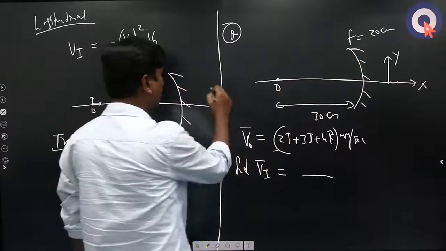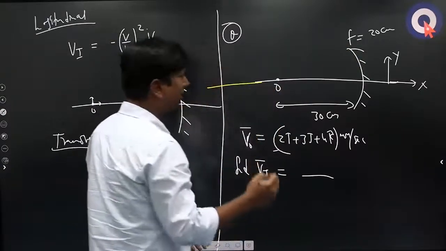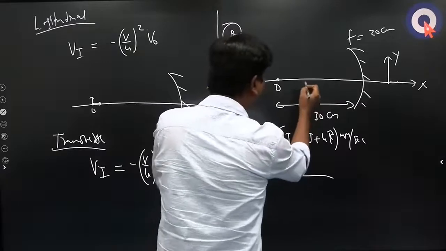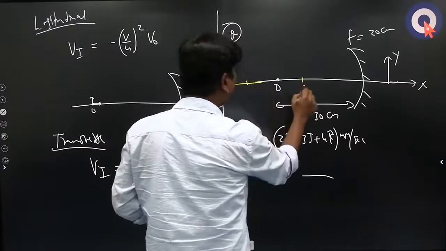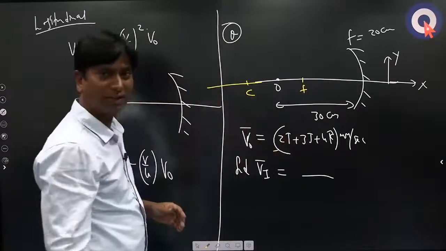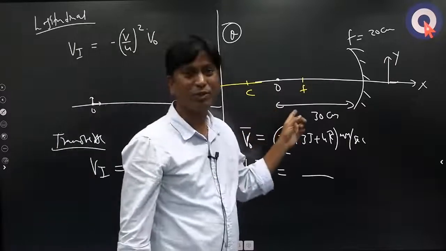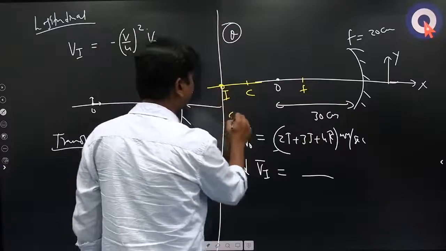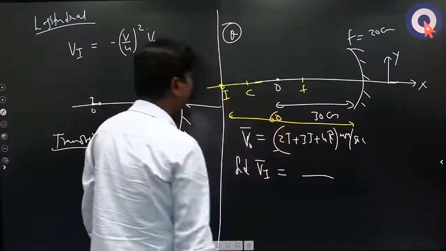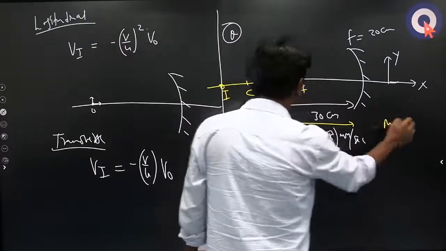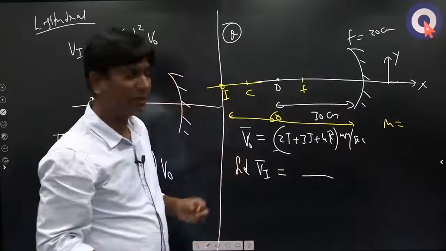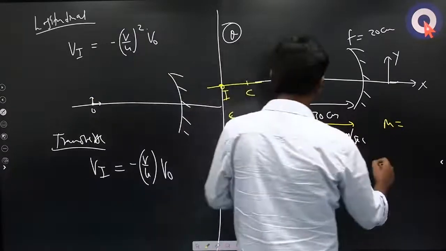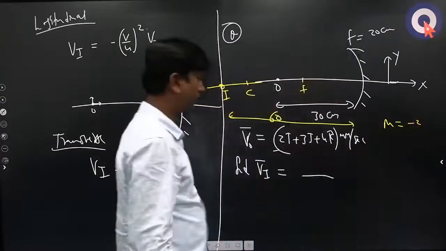If you calculate using 1 by u plus 1 by v equals 1 by f, whenever the object is exactly in between f and c, the image distance you get is double the object distance. So the image is somewhere here, at 60. It is definitely a real image, so the magnification will be -2, right?